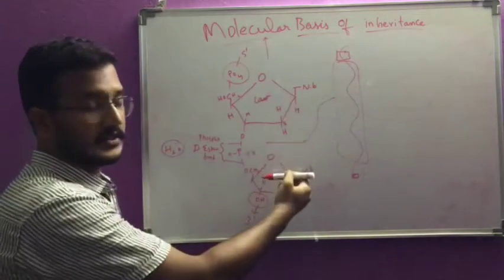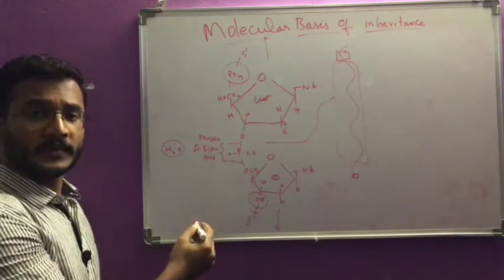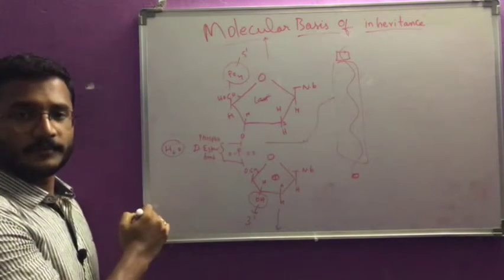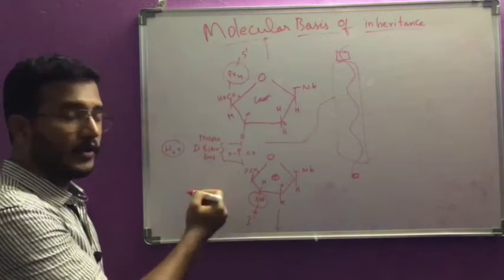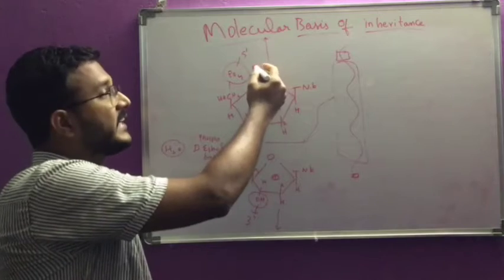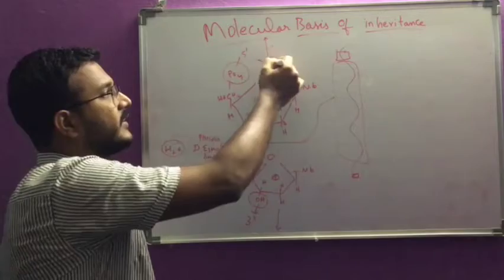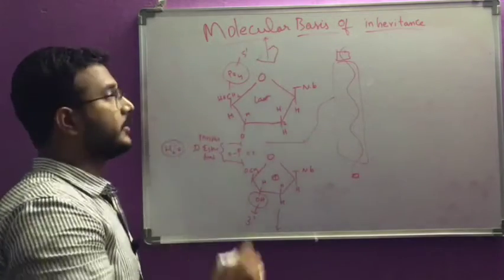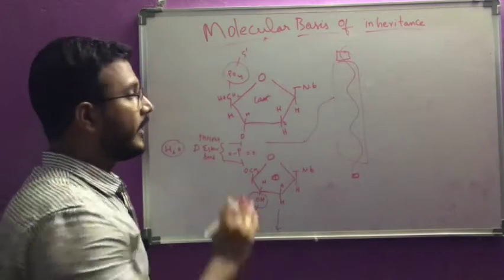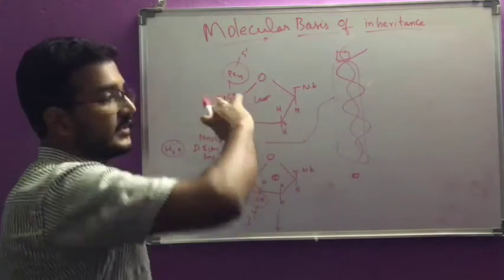The one with the free OH group denotes the 3' end, and the last one has a free phosphate group with no further nucleotide bonded, so this is the 5' end.